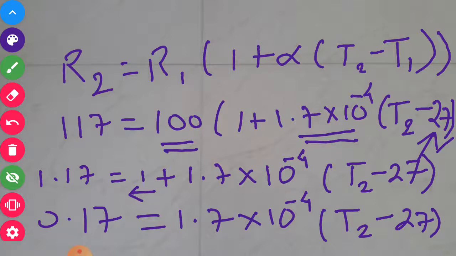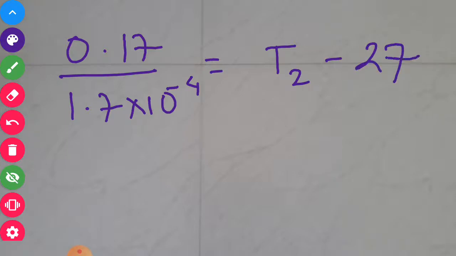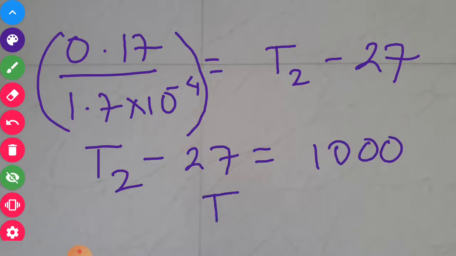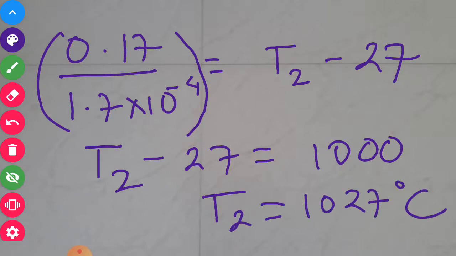Now 0.17 divided by 1.7 into 10 to the power minus 4 is equal to T2 minus 27. If you simplify this, it will give you 1000. So T2 minus 27 is equal to 1000. So T2 will be equal to 1027 degrees Celsius. Okay, thank you.